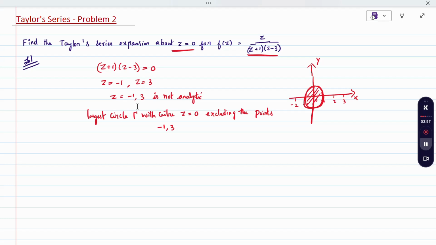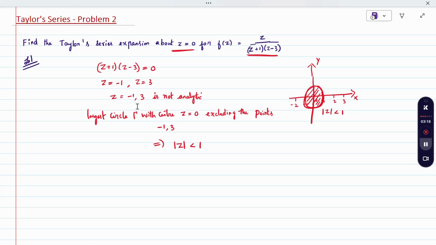This region in full is modulus of z less than 1, with center z equal to 0. So the new circle will be modulus of z is less than 1.